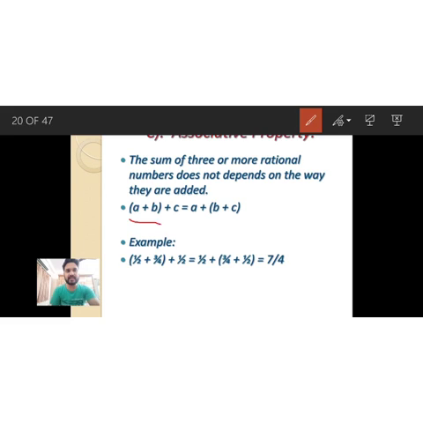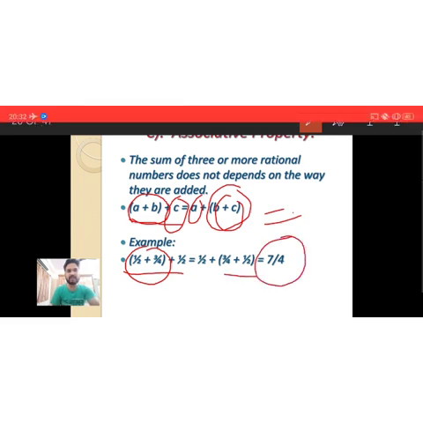Like in A plus B plus C, first we add A and B, then the resulting answer is added to C. Or if we add B plus C and add the resulting answer to A, we have the same answer. Example: 1 upon 2 plus 3 by 4, we add these numbers first, then we add 1 by 2, or we add the last 2 numbers first, and we get the final answer 7 by 4.